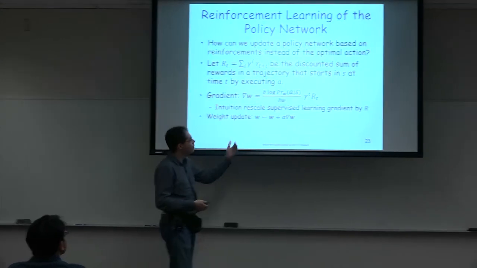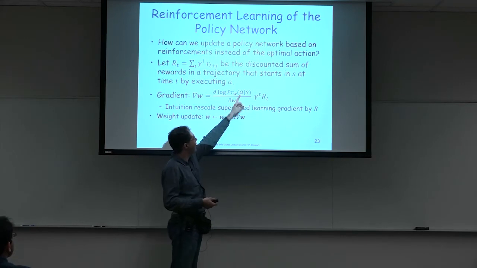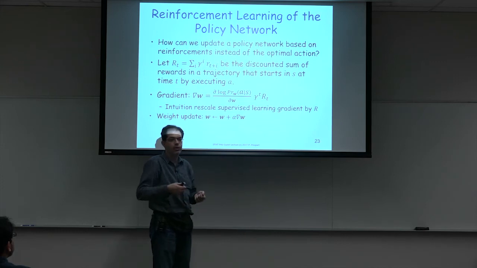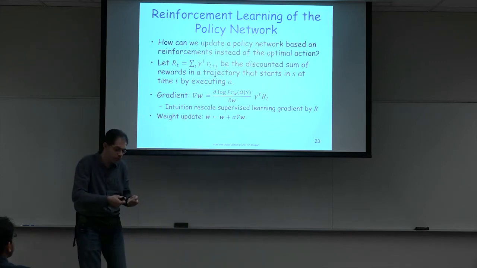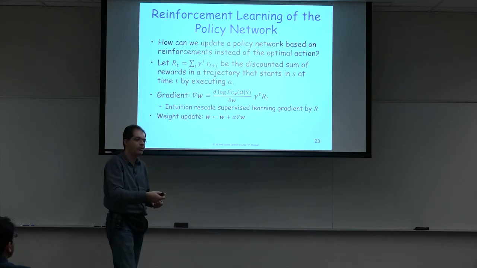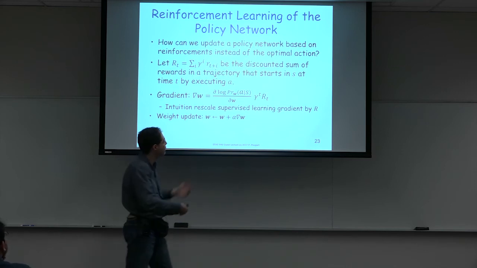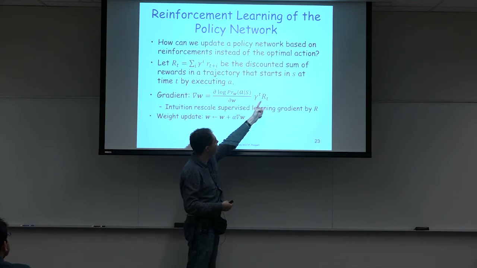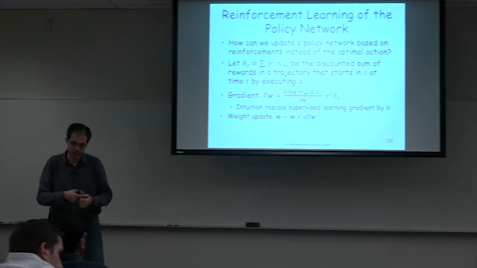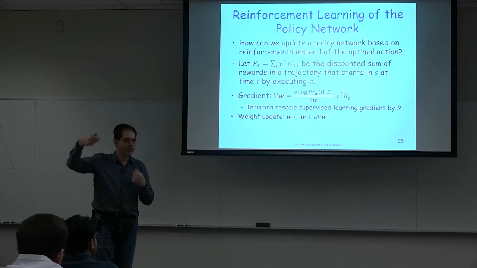Now here the intuition is that if you play a game and you're not told what the optimal action is, you simply choose an action at every step. Then there's no reason why you would want to compute a gradient that would try to improve the probability of choosing that action again. You would only want to do this if it's an action that leads to a high reward. So by multiplying by R_T, we're essentially scaling the gradient so that it's more important if this is going to lead to a win where you get a high reward.